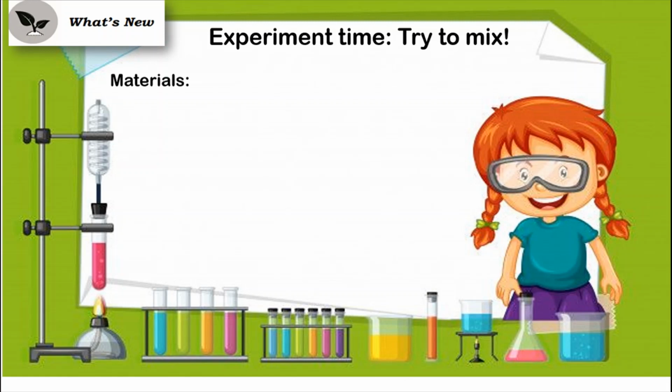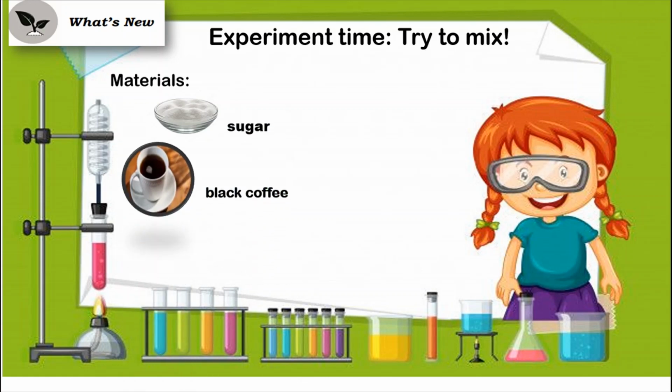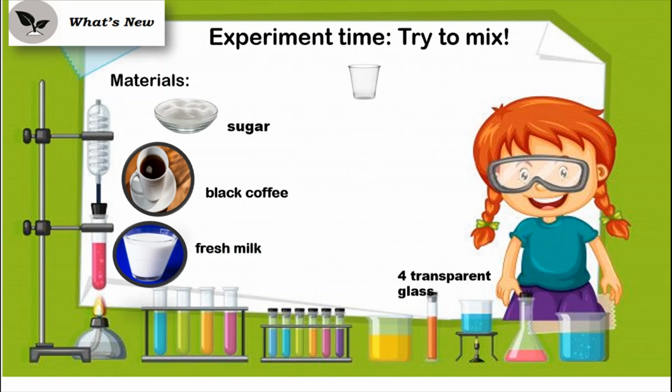Okay, what are the materials needed in our experiment? Number 1, sugar. Okay, next. This is black coffee. Next is fresh milk. Next is 4 transparent glass. So, 4 ka transparent glass ang kailangan nato, children.